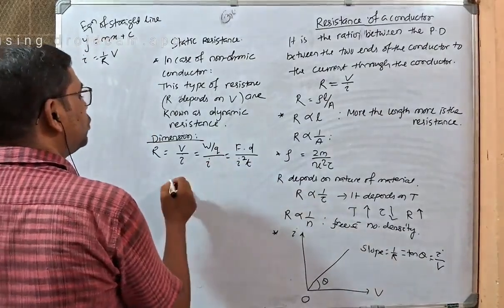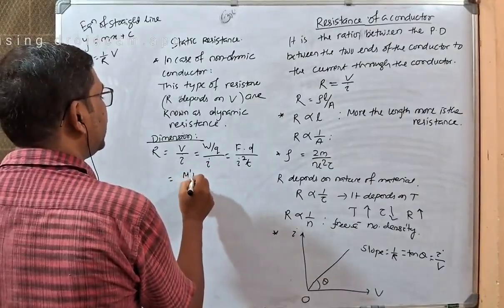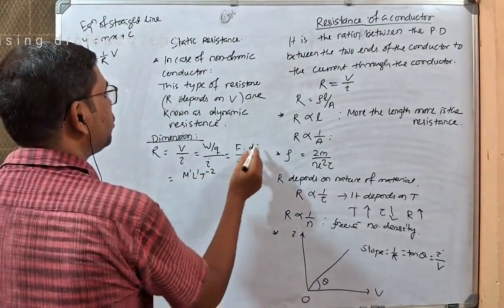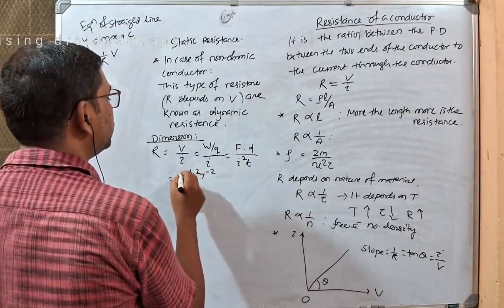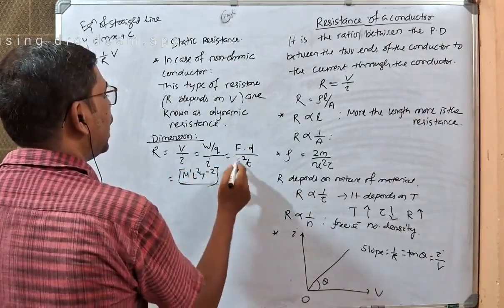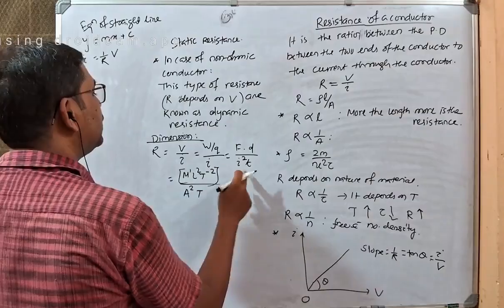So force is equal to M1 L1 T minus 2, mass into acceleration, into distance means I will make L2. I is ampere, that is ampere square. T is time.